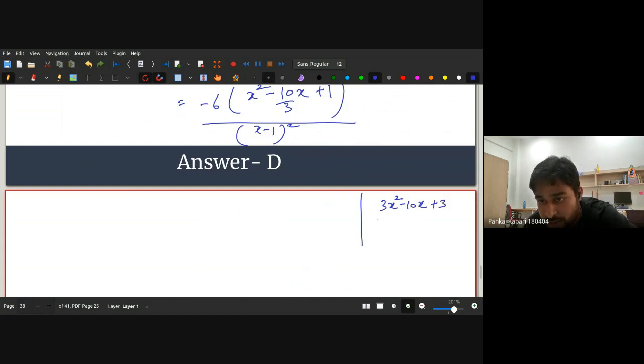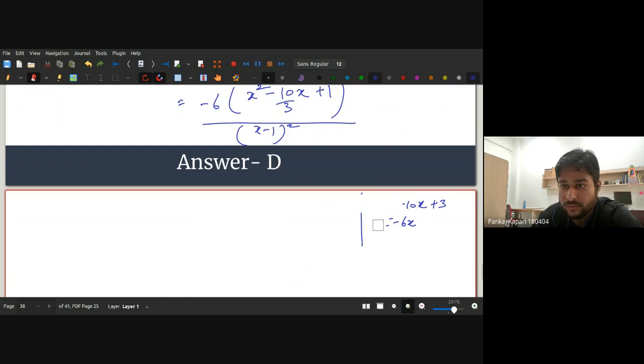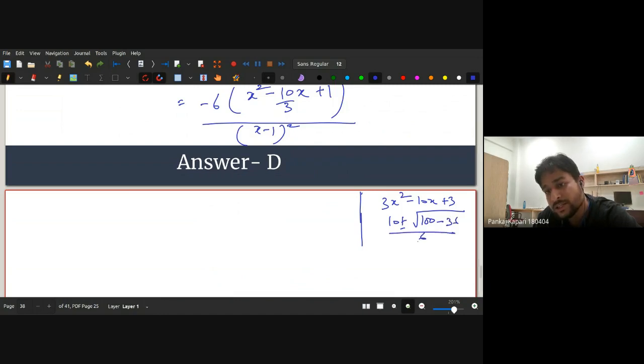Okay, so what are the roots? (10 ± √(100 − 36))/6, right?